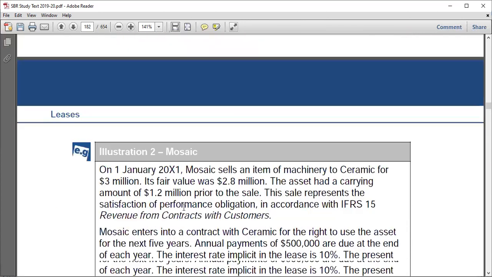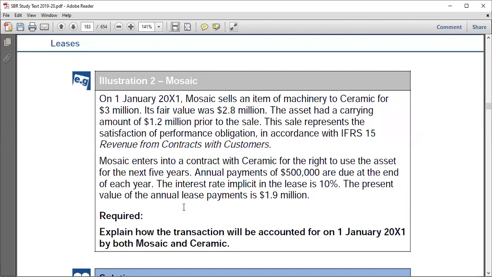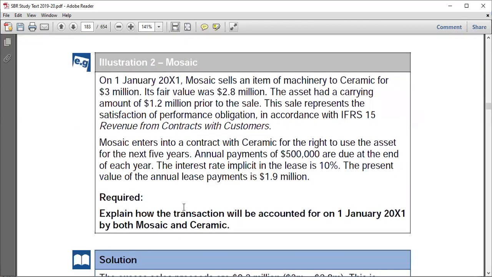Okay, maybe let's take a look at just one single example, and everything would be over. Let's take a look at this Mosaic question. On 1st January 2021, Mosaic sells an item of machinery to Ceramic for 3 million. Its fair value was 2.8 million. The asset had a carrying amount of 1.2 million prior to the sale.